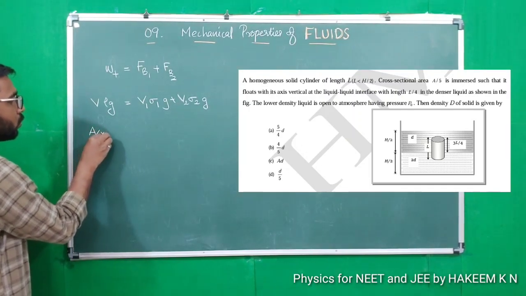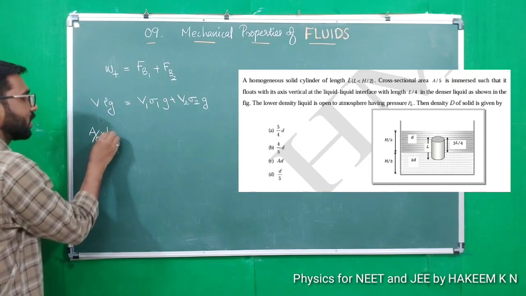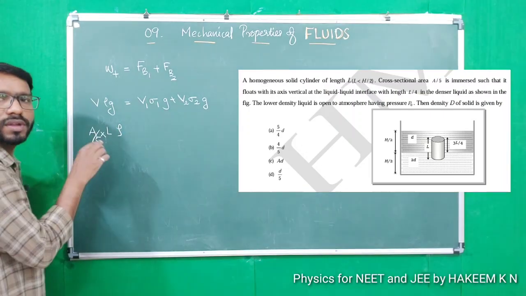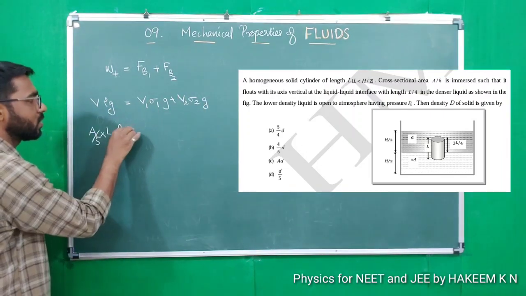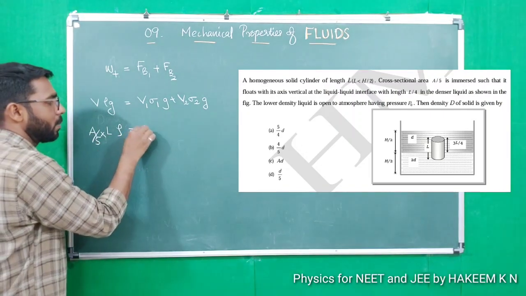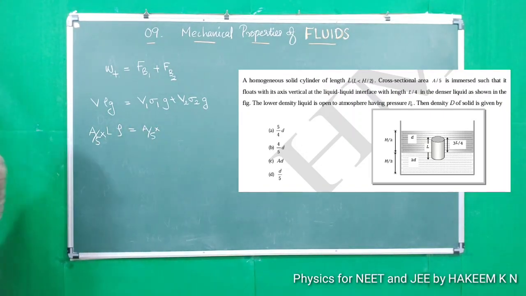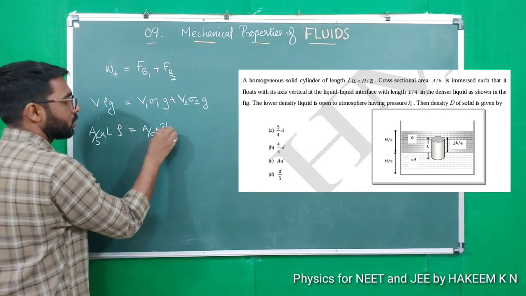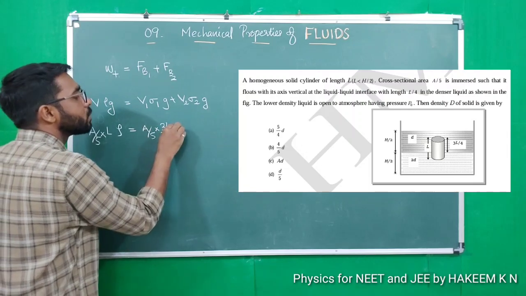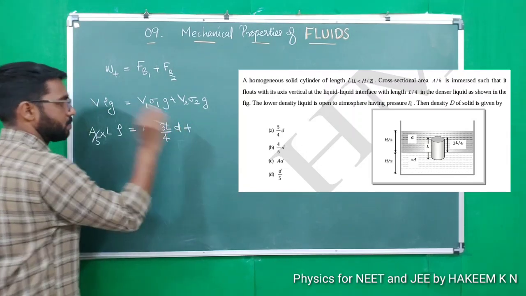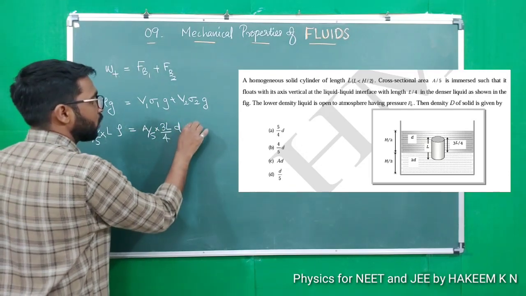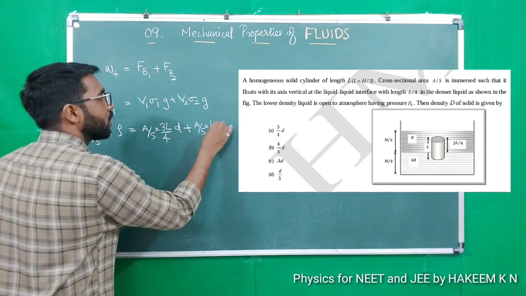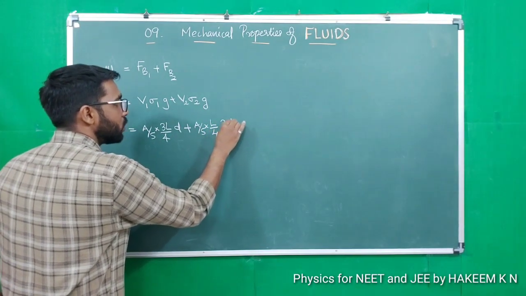A by 5 into height, that we can write as L, the length of the solid cylinder, into rho, the density that we have to calculate. G will be cancelled, equal to volume V1: A by 5 into, in the first liquid, length is 3L by 4, 3L by 4 into sigma 1. Sigma 1 is D, plus V2: area A by 5 into length L by 4 into density 2D.